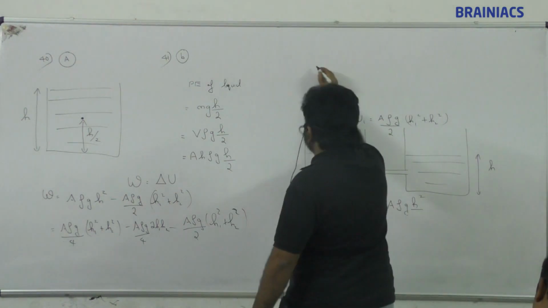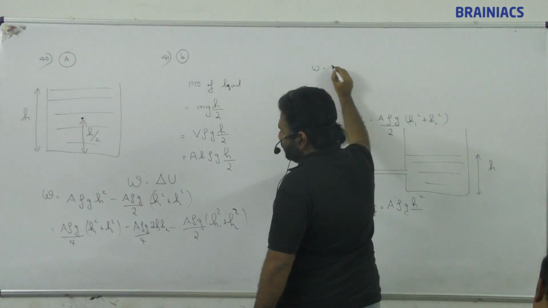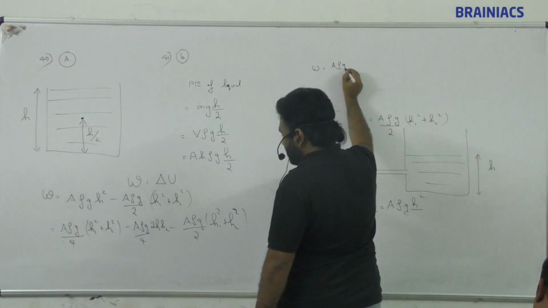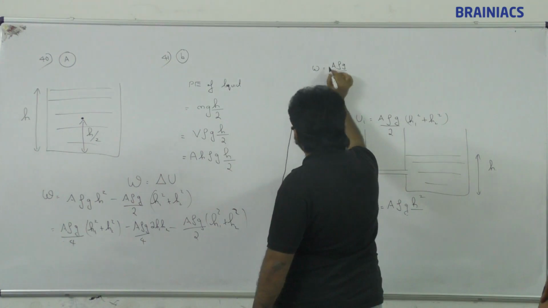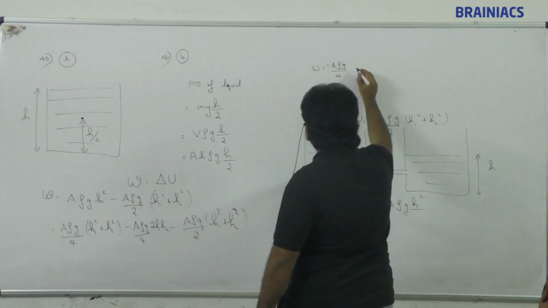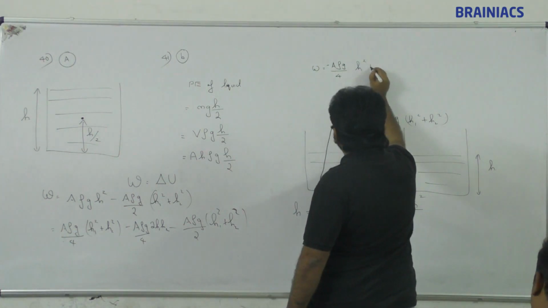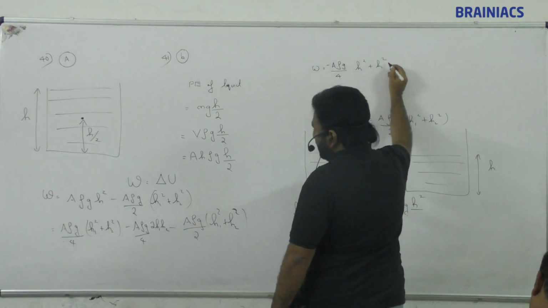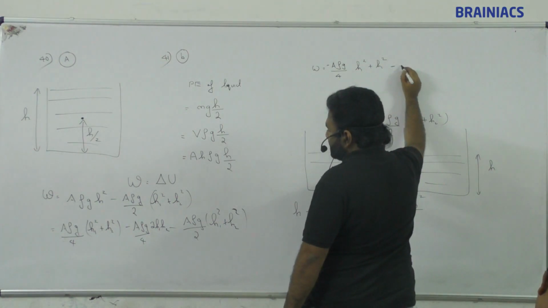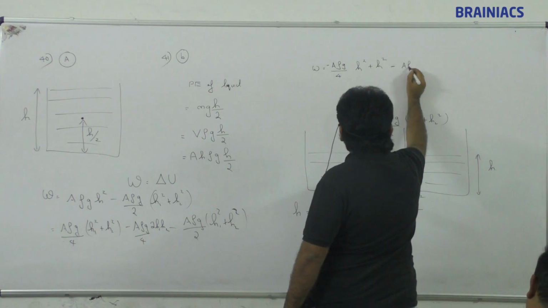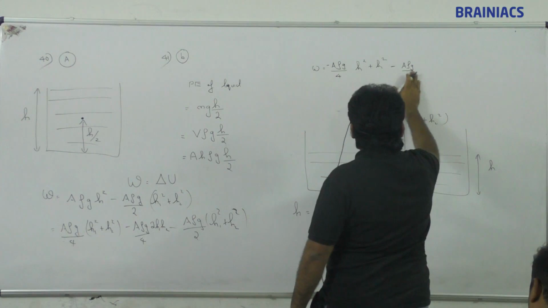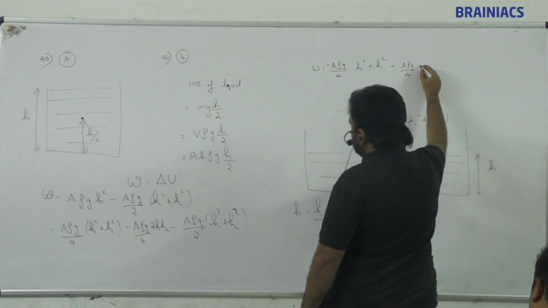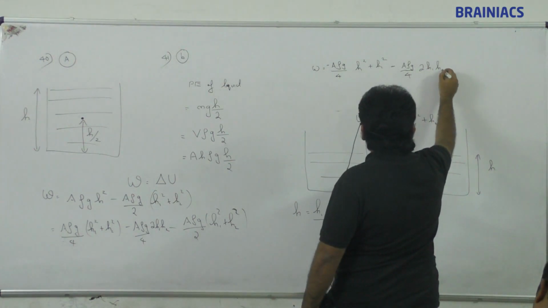So when I do this, work done is equal to minus a rho g divided by 4 times h1 square plus h2 square, then minus a rho g by 4 into 2 h1 h2.